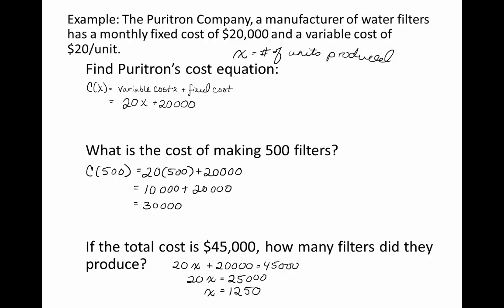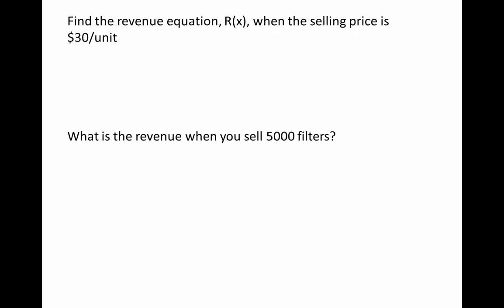Next, what we'd like to do is find the revenue function or revenue equation. So we said in our first paragraph that the selling price was $30 per unit sold, so the revenue equation will be 30x.